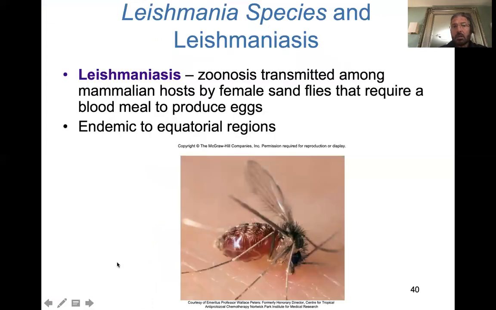All right. So Leishmaniasis is zoonotic transmission among mammalian hosts by female sandflies that require a blood meal to produce eggs, endemic to the equatorial regions. And these things are actually smart enough that they know when to come out, depending on the heat.